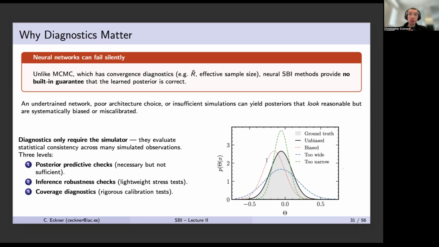You might have the correct shape and even width of your posterior, but you're biased, so you infer something that is not right. All of this can be checked with different diagnostic methods, and we'll cover these in what follows.